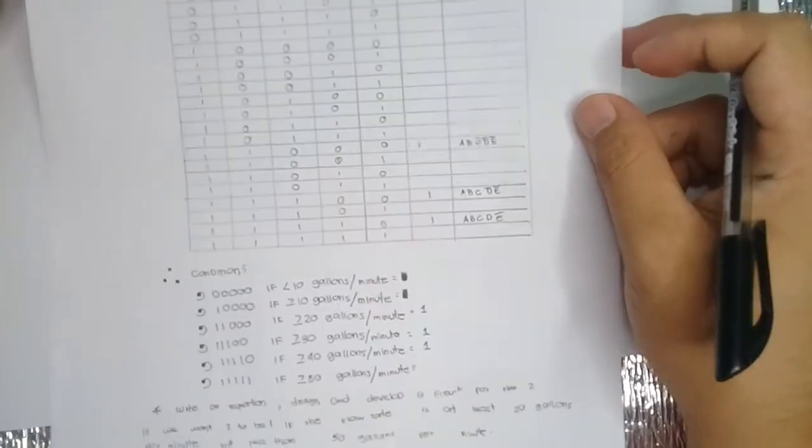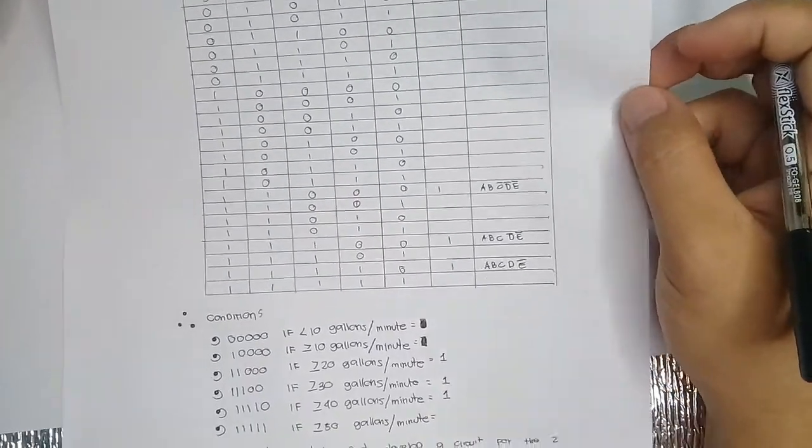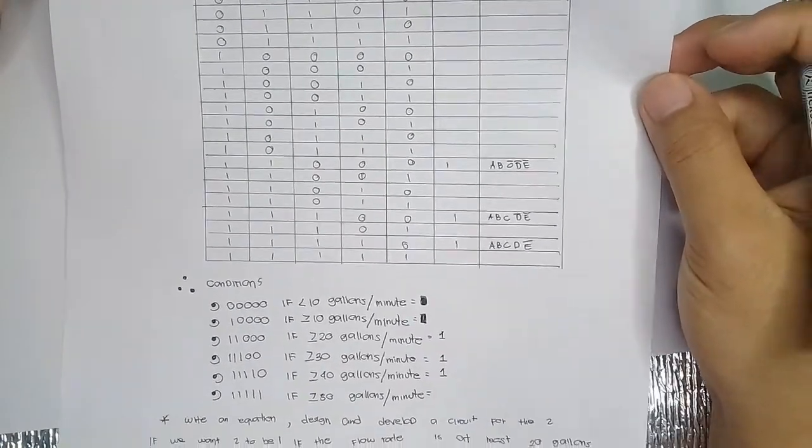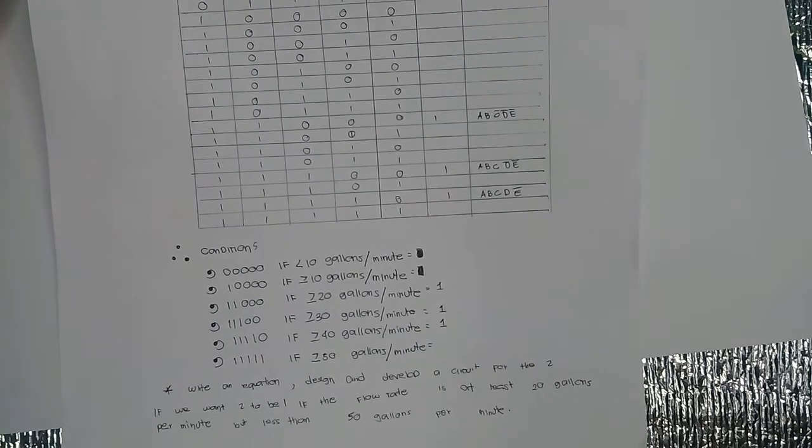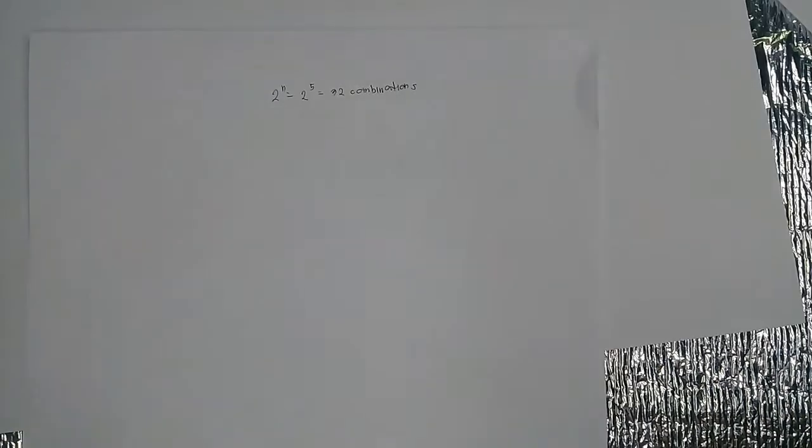From these minterms, we can come up with an equation, and we're going to simplify it. By simplifying, we get this most simplified equation.